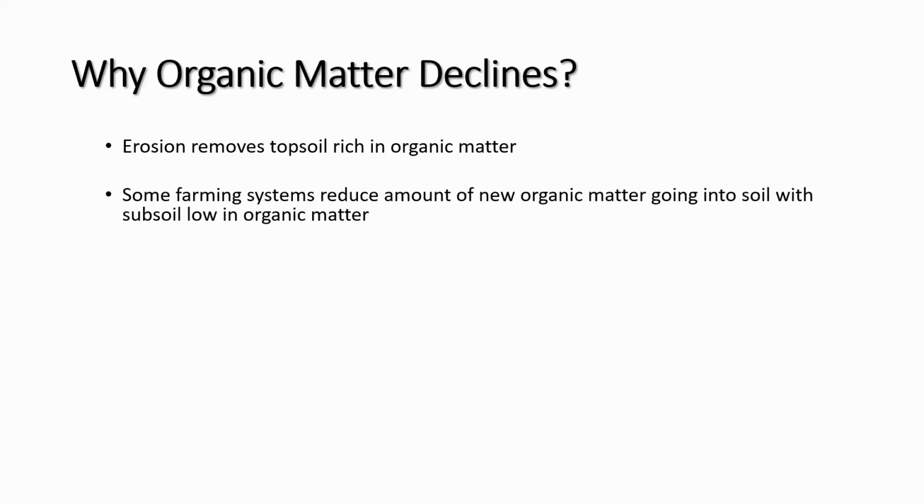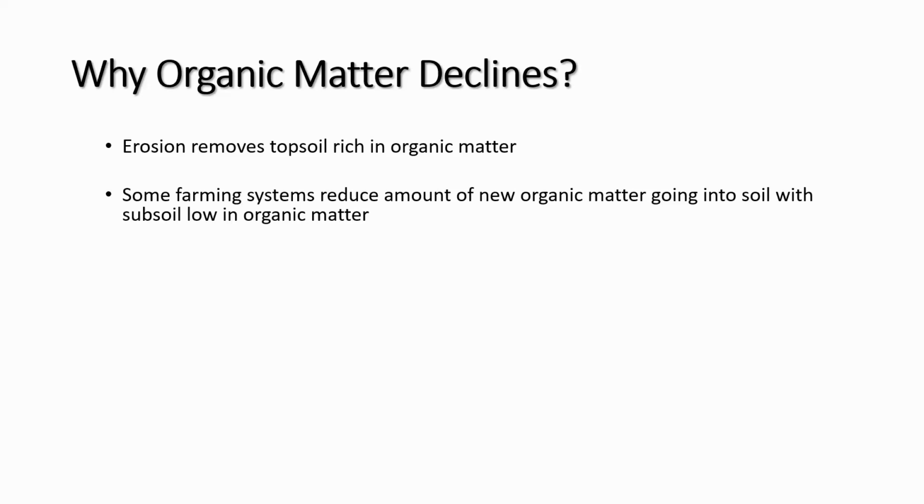Some farming systems reduce the amount of new organic matter going into the soil, with subsoil low in organic matter. Some farming systems developed different techniques of growing plants. In their technique, they don't utilize the top layer of the soil, they use the subsoil.